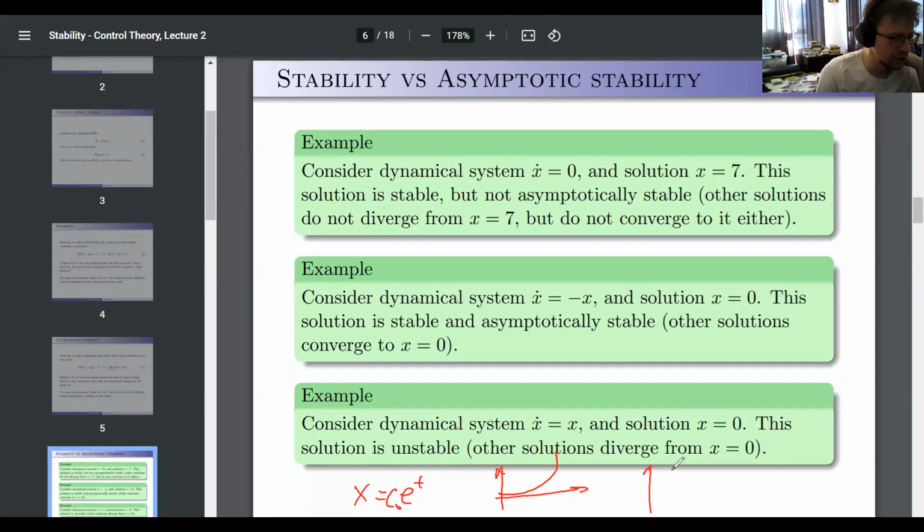Or depending on the sign of c naught, it can also look like this. It can look like this, like this, and so on. So you see, this is unstable, not asymptotically stable. Every solution diverges. Okay, so that is what we have.